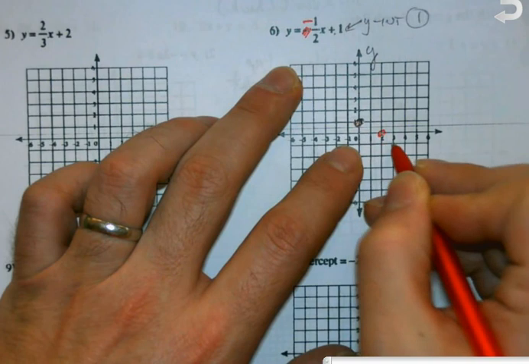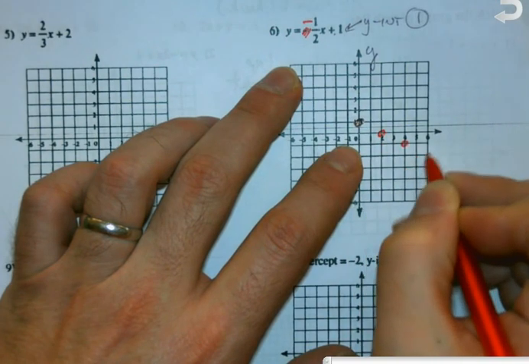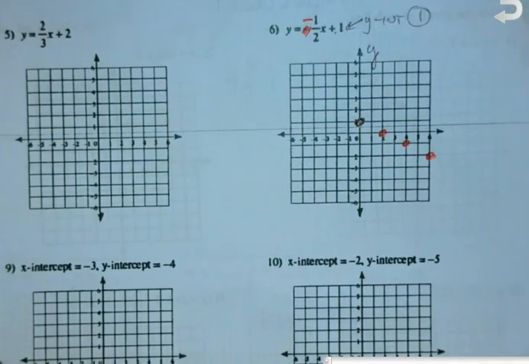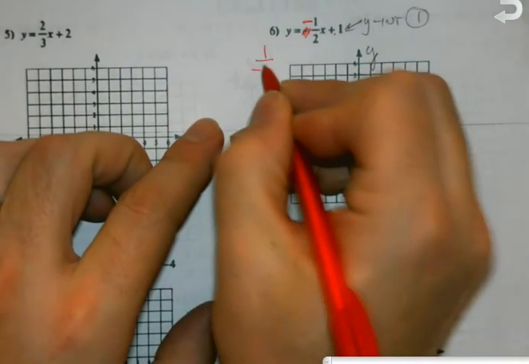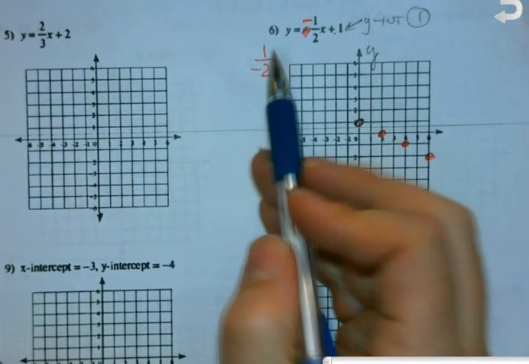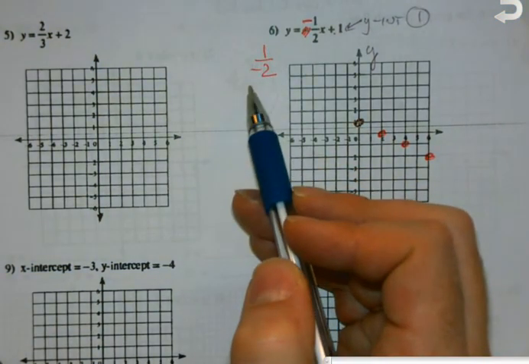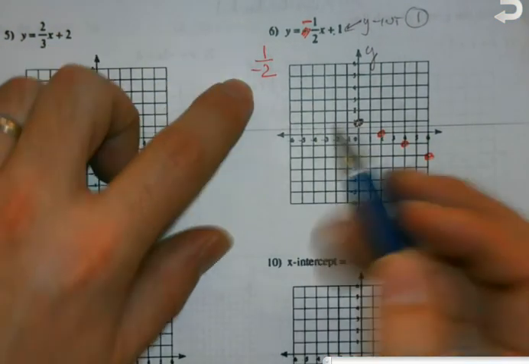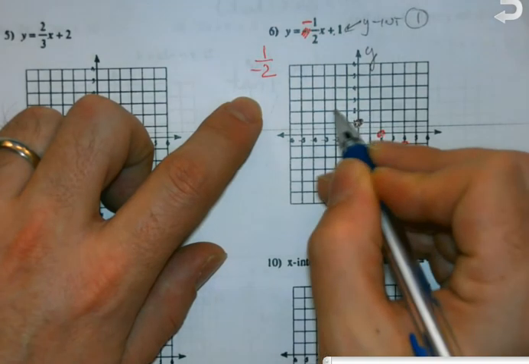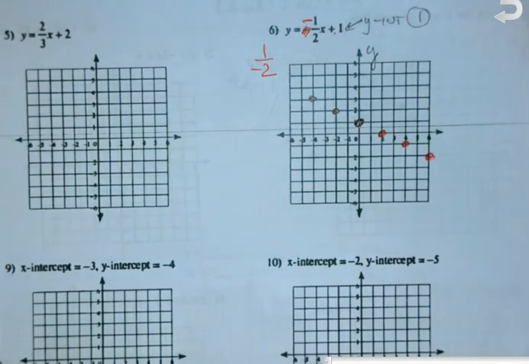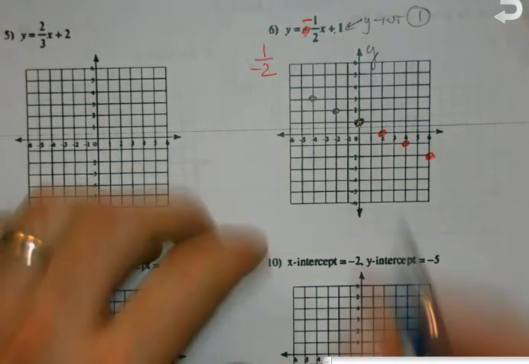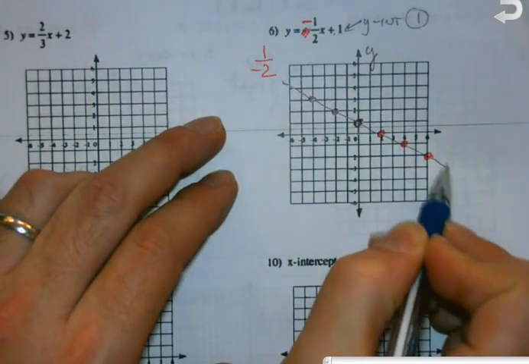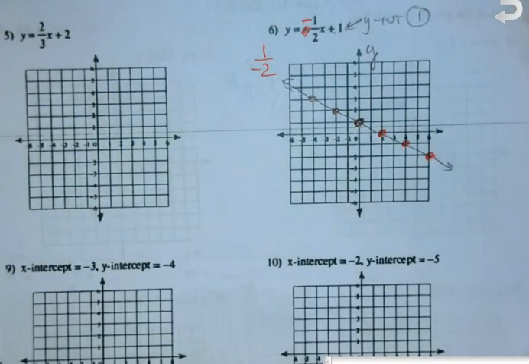Just to prove a point, if I put the negative on the 2 instead, what directions would I be going? Up and left. So I'd go up 1 and left 2. It would be exactly the same graph. It's an excellent question because sometimes we need flexibility.